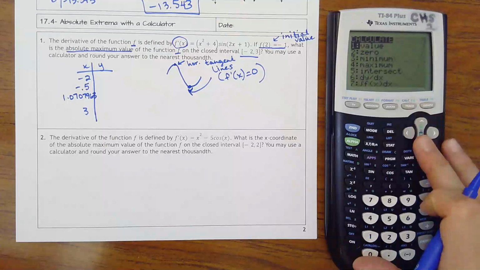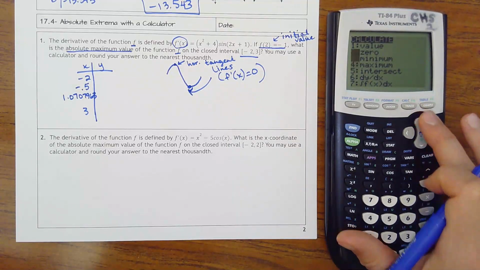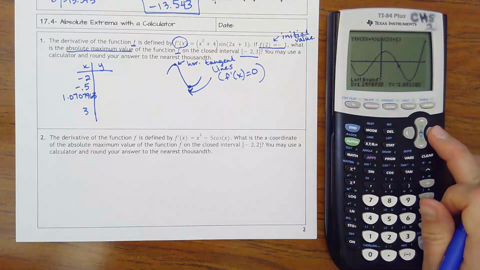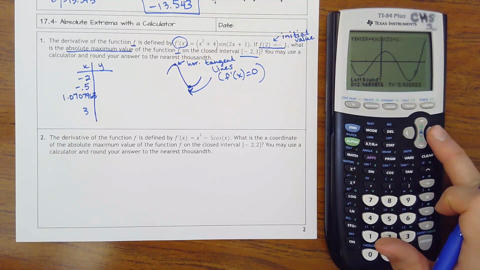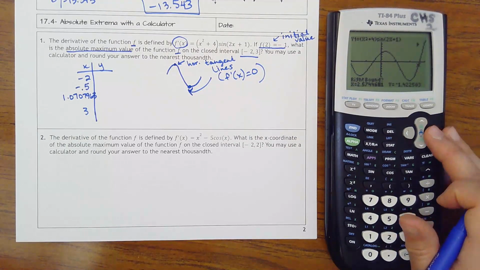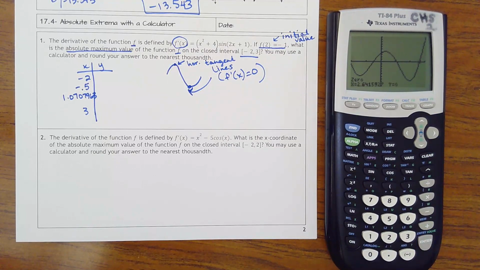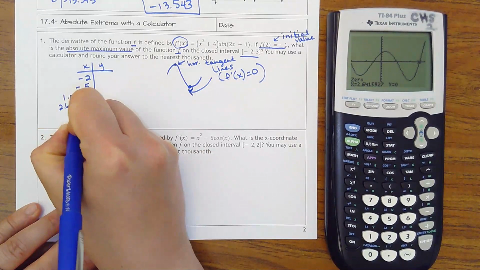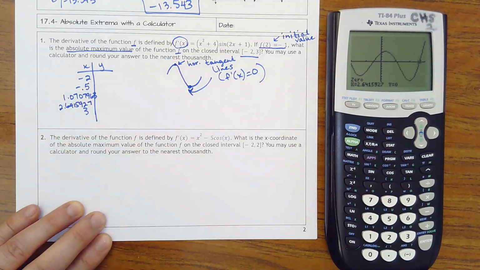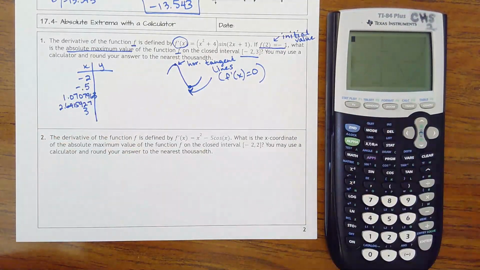Okay, I've got one more to do. And that's 2.6415927. Okay, so those are all my x values. Let's quit out of that.